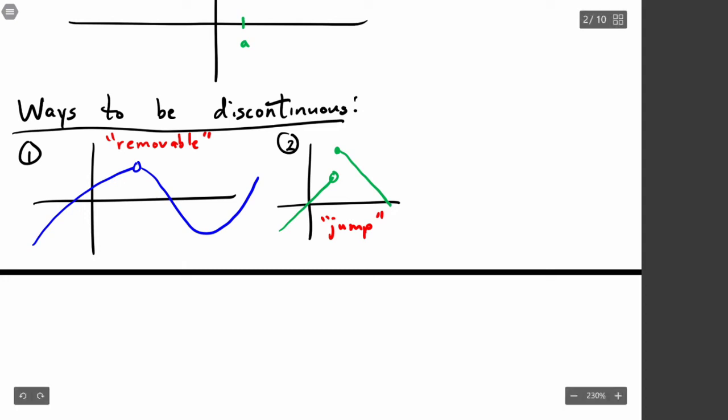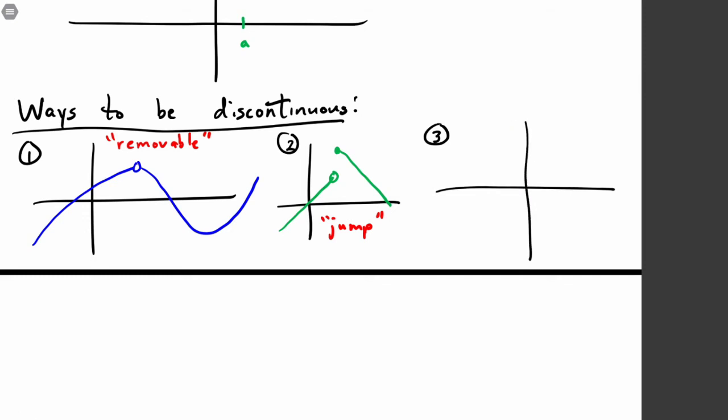And last but not least, there's one more way you could run into a discontinuity. It's what's called an infinite discontinuity. And this just means you have an asymptote, a vertical asymptote. So let's say you have a vertical asymptote here. Think of the function 1 over x. That's a good example.